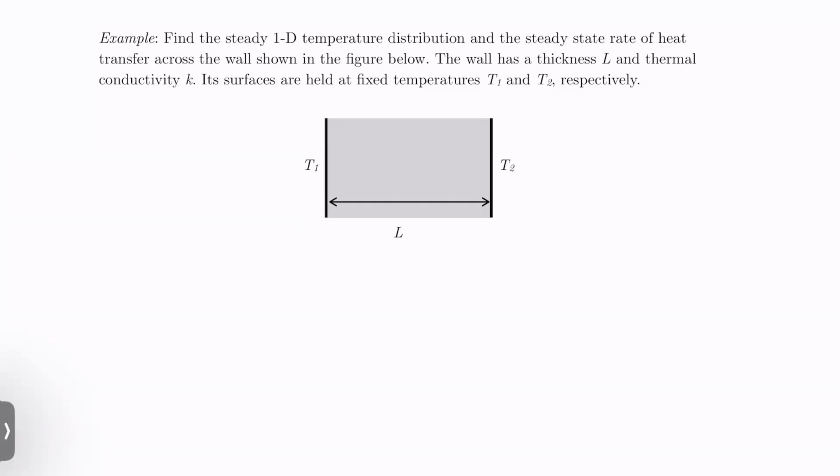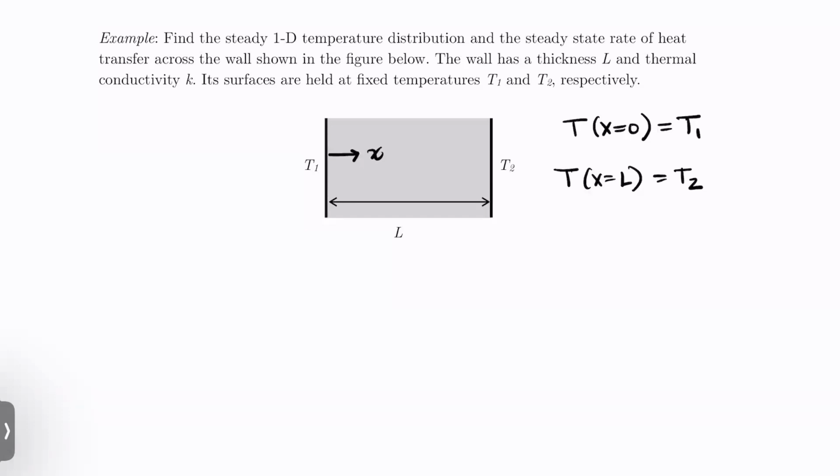I'm going to draw my coordinate system on here and decide which wall is going to be 0. It's arbitrary as long as you're consistent. Given this coordinate system, I know that the temperature in my material at x equals 0 is going to be equal to T1, and then my temperature at x equals L is going to be T2. Sound okay? All right, cool.